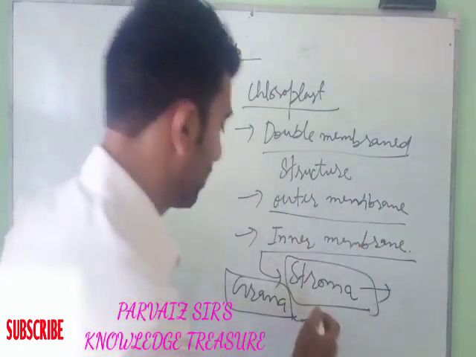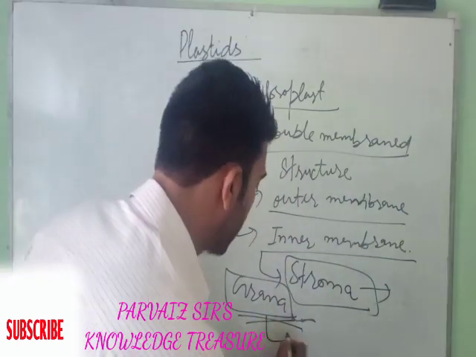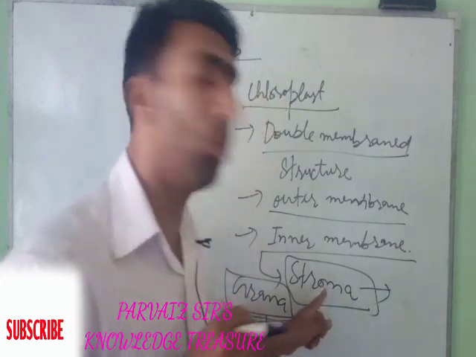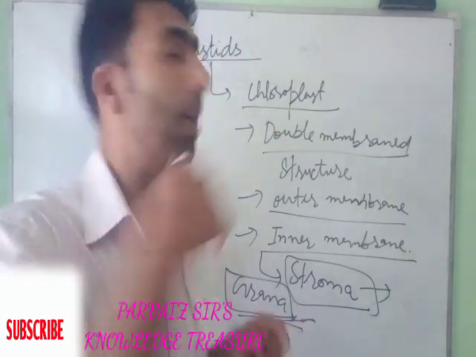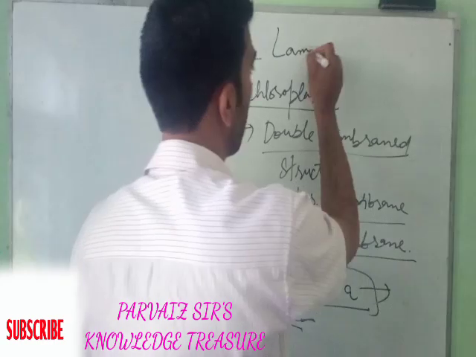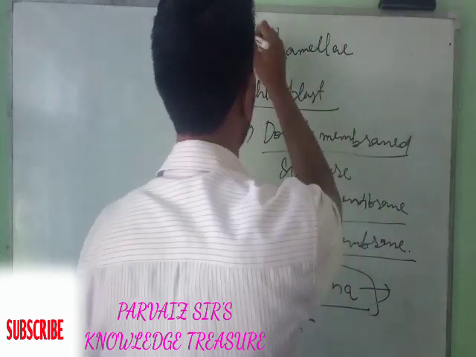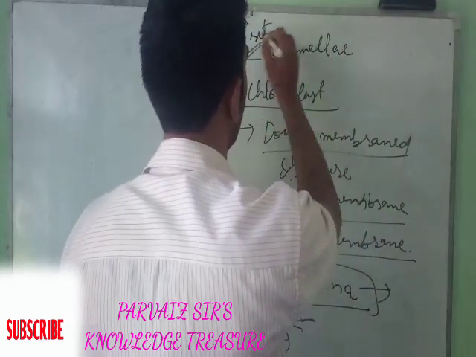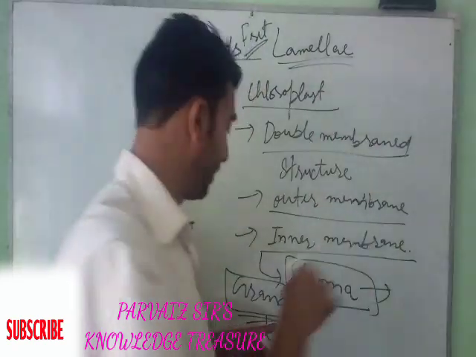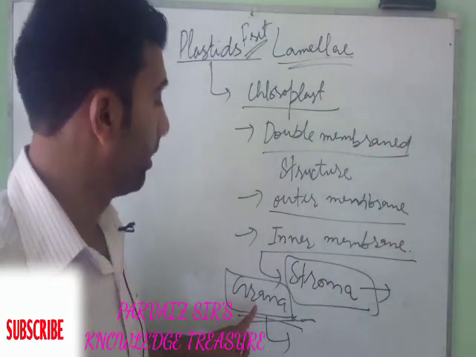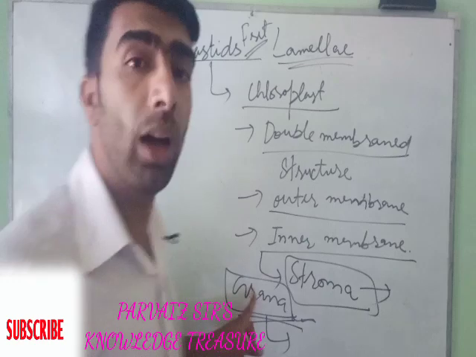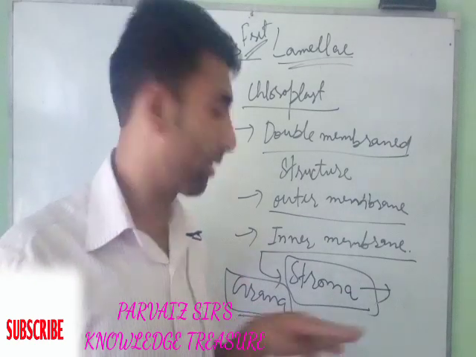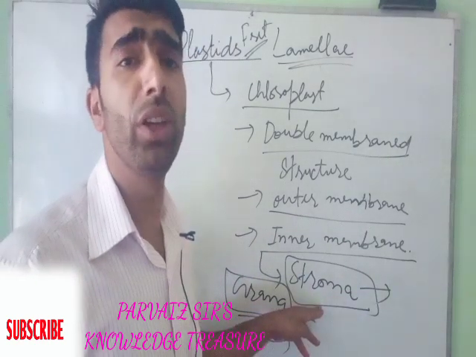And these grana are connected to each other in the stroma by structures known as lamellae, or fret lamellae, which connect different grana inside the stroma cavity.